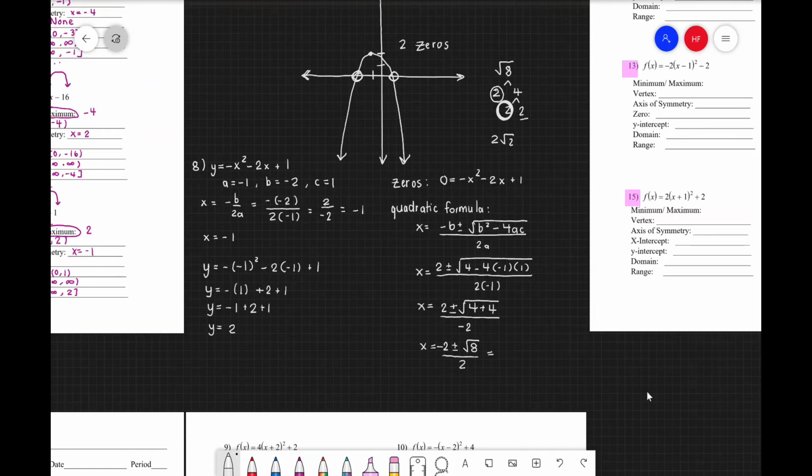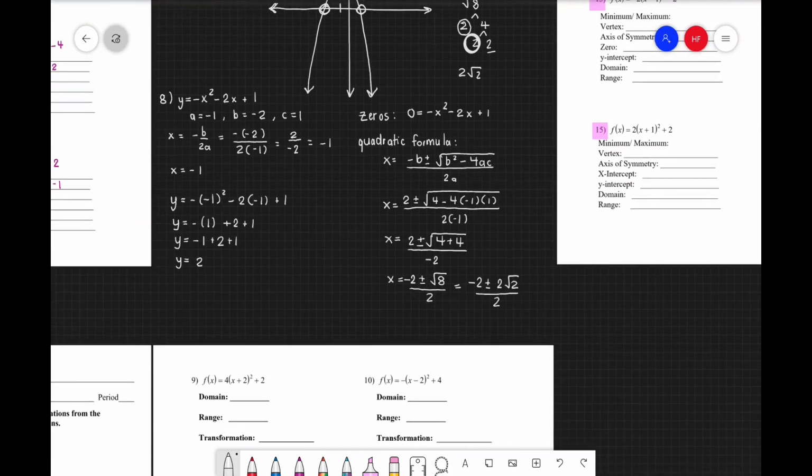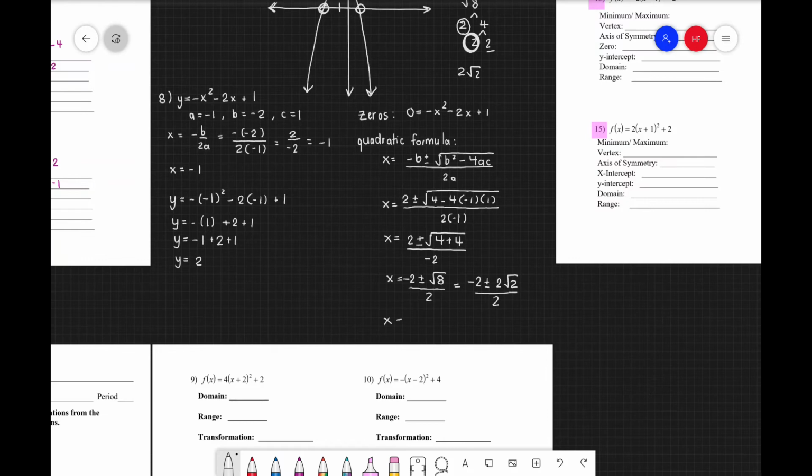So we have negative 2 plus or minus 2 square root of 2 over 2. And then I see that they all have a 2, so I'm going to divide out that 2, which leaves me with negative 1 plus or minus square root of 2 over 1, which is just negative 1 plus or minus square root of 2.